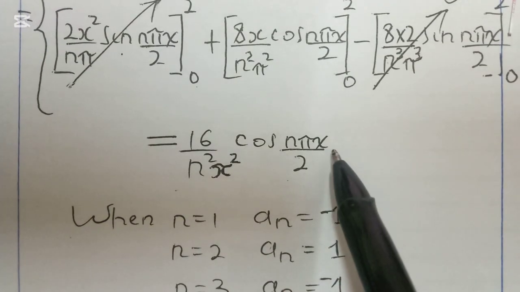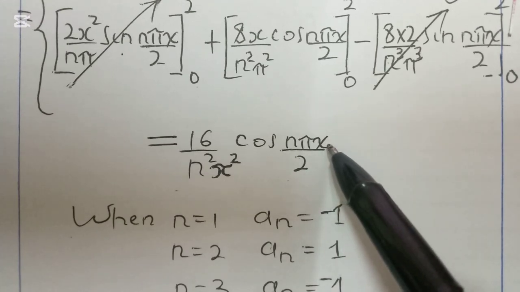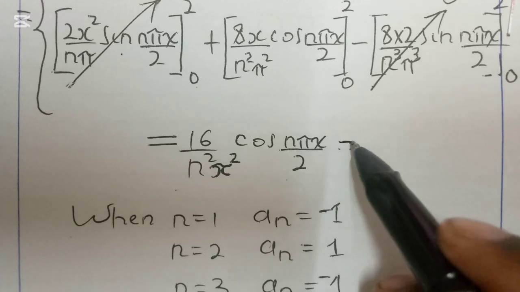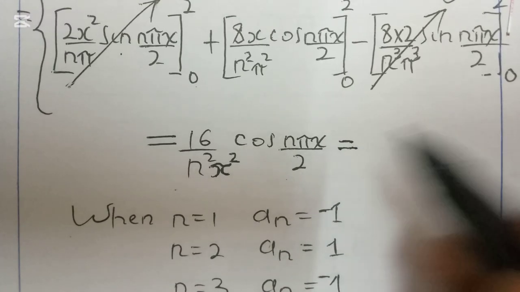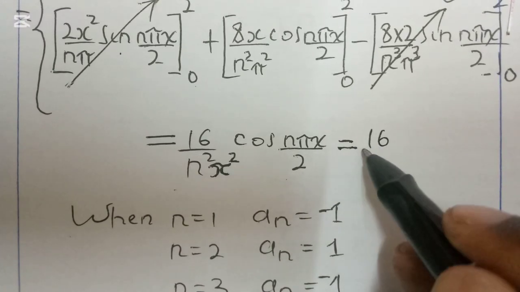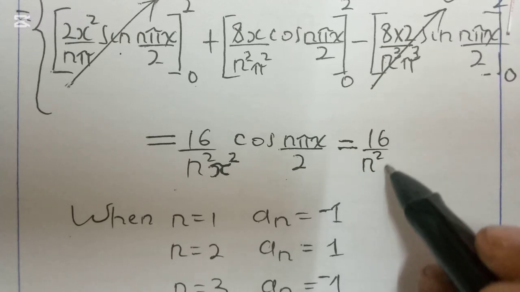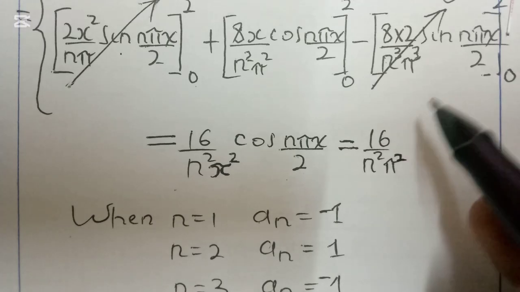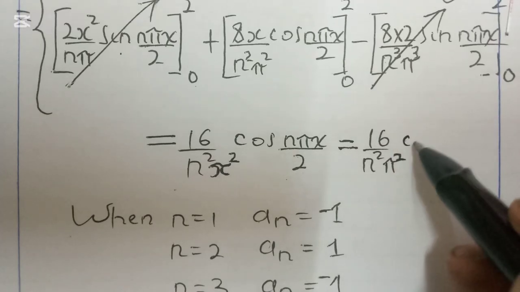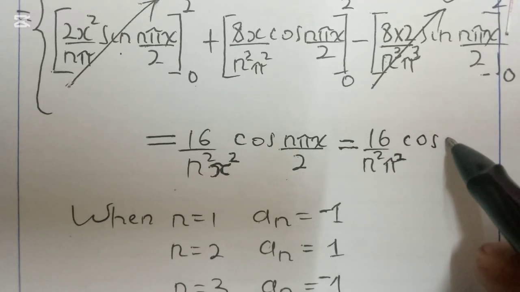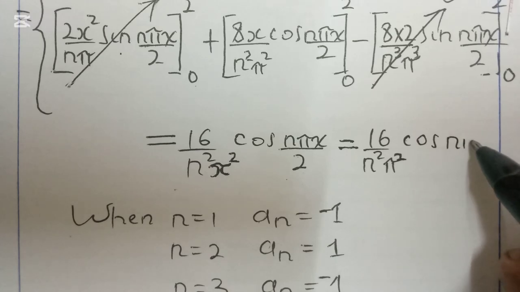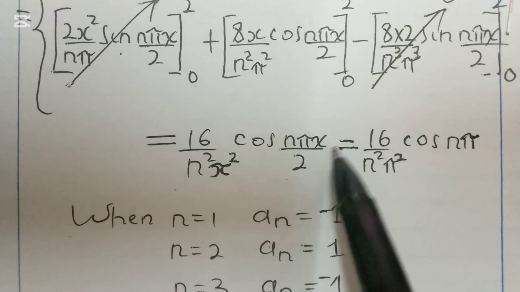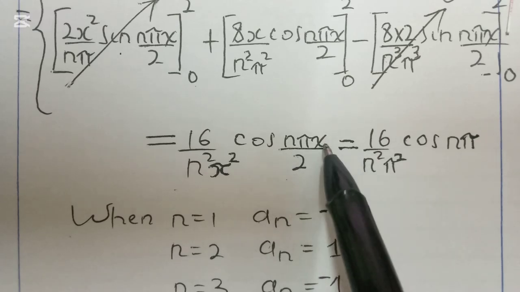Okay guys, before we come to that, you have to replace for x. So this one would have been equal to 16 all over n squared pi squared, then you have cos n pi all over, it's actually n pi like that, because if you put 2 here, the 2 will cancel this, guys.